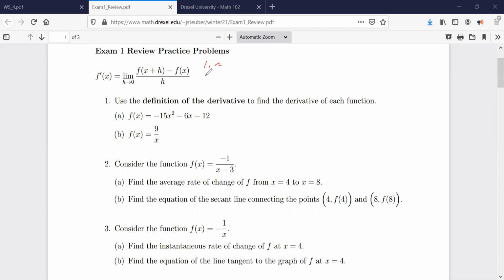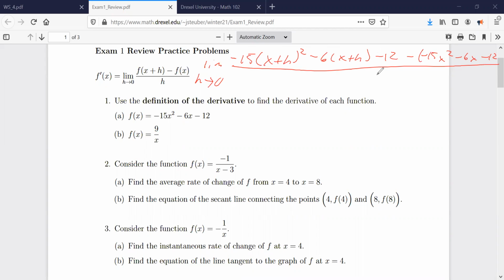So it's the limit as h goes to 0 of negative 15 times x plus h squared minus 6 times x plus h minus 12, and it's minus the original function.